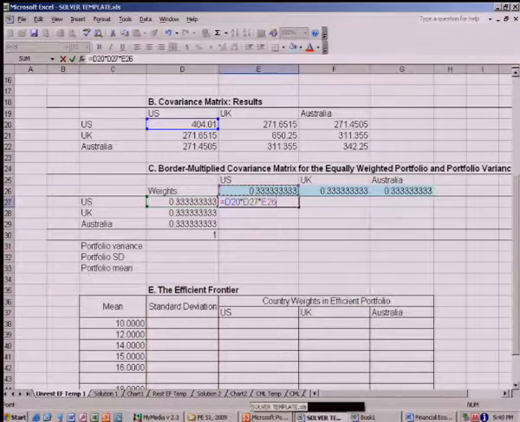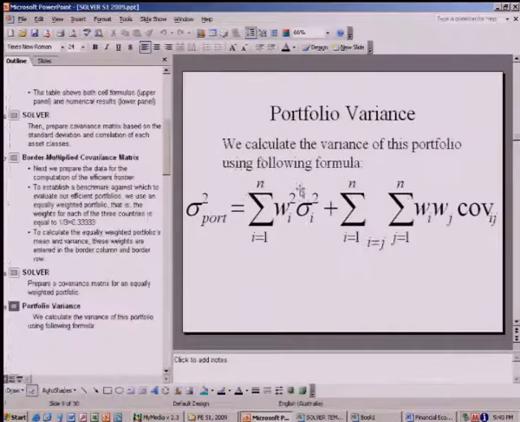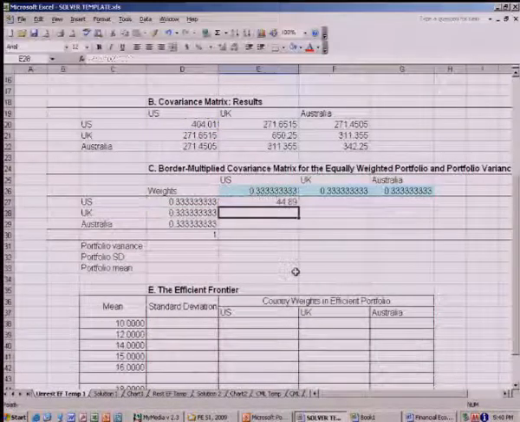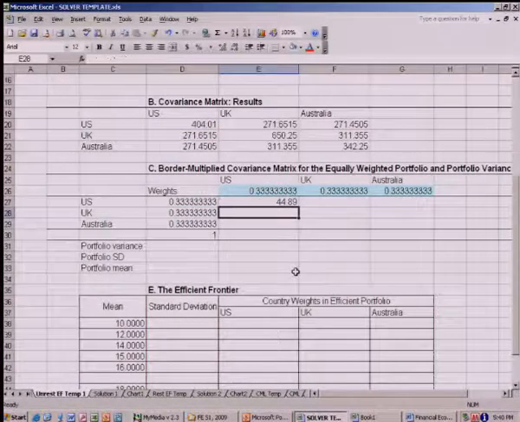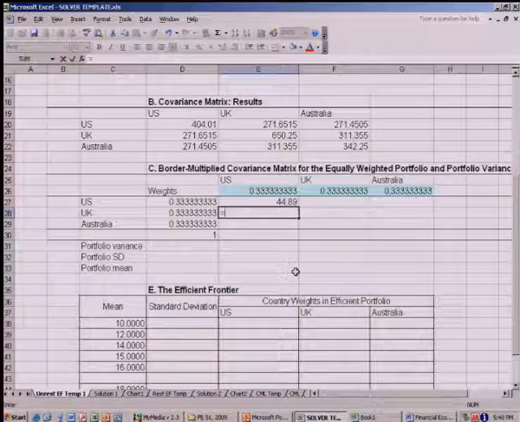So that represents the first element of your portfolio variance formula for that first individual asset that you are including. Press enter, and that will give you the result for that part of the formula.